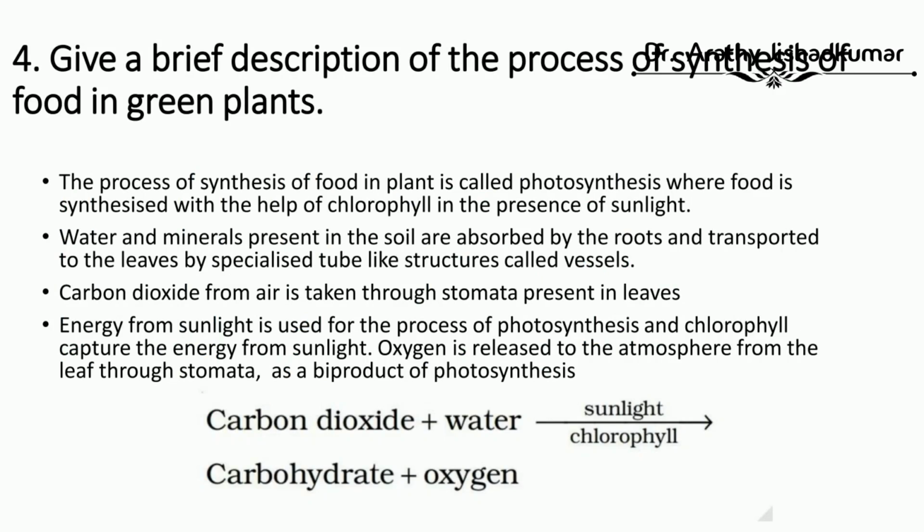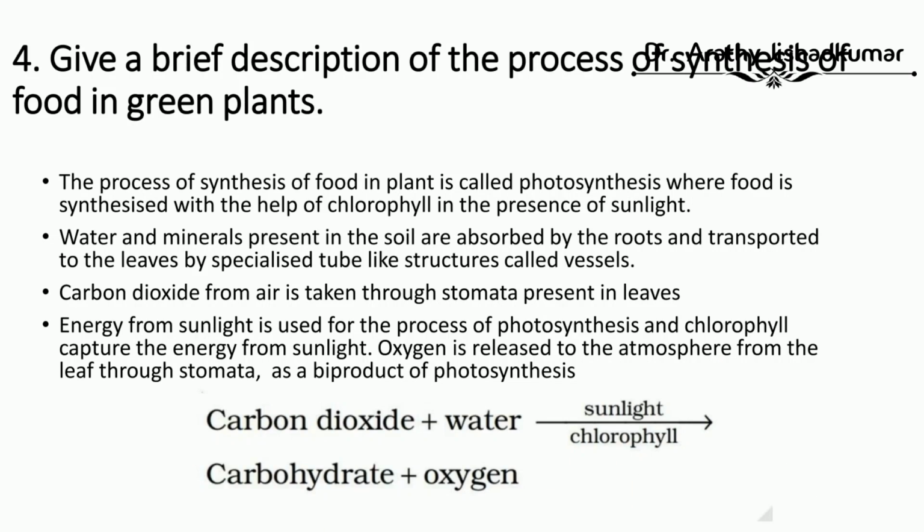Fourth question, give a brief description of the process of synthesis of food in green plants. The process is called photosynthesis, and this is carried out in the leaf in the presence of a color-giving pigment called chlorophyll. Chlorophyll combines water and carbon dioxide using sunlight to form carbohydrate in the form of starch and releases oxygen.